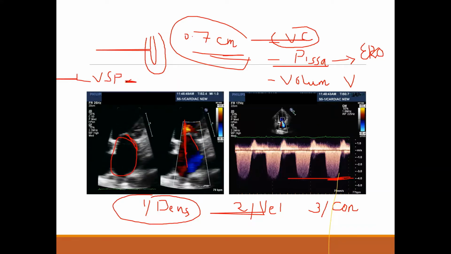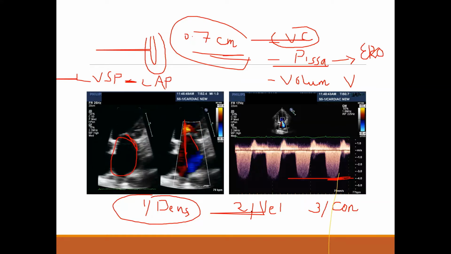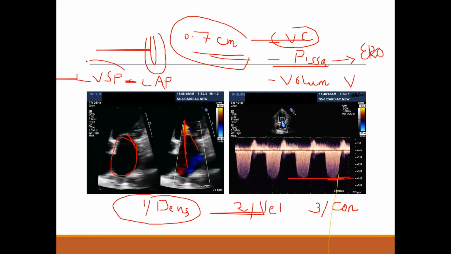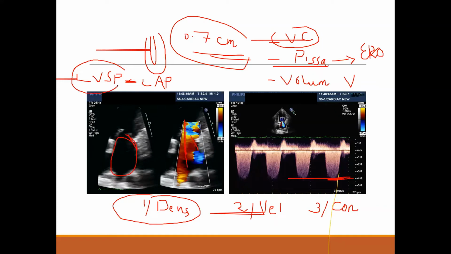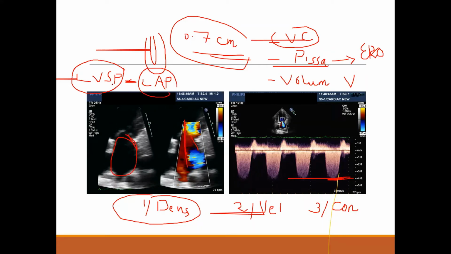Minus LA pressure. If the MR is severe, it's going to affect the LV, leading to LV systolic dysfunction and decreasing this part. And it's going to elevate the pressure here. So the difference between the two is going to be low. So the peak velocity tends to be lower in severe mitral regurgitation.